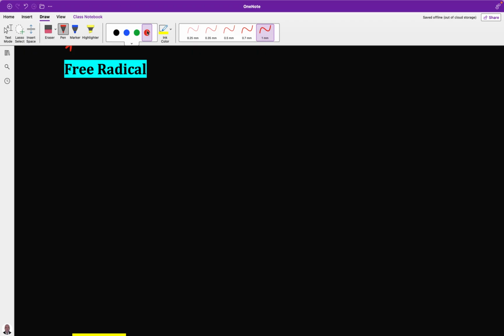Our free radical substitution reaction here will be the reaction of methane with chlorine in the presence of UV light.